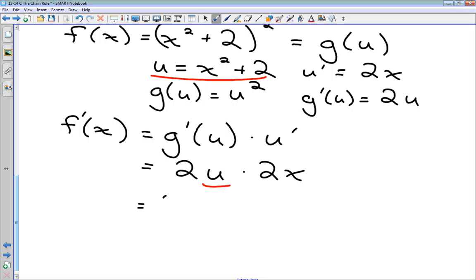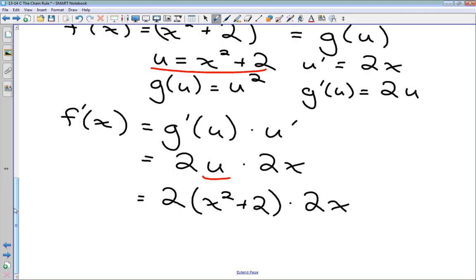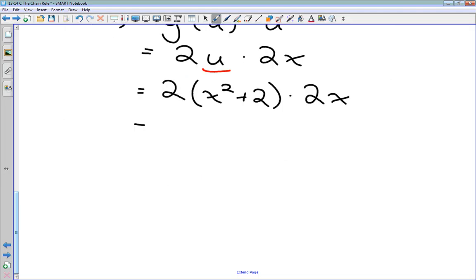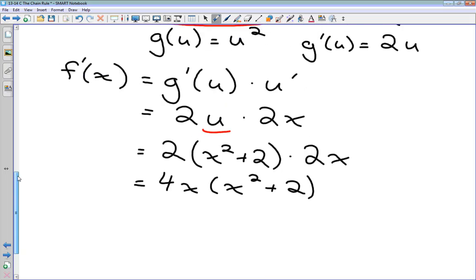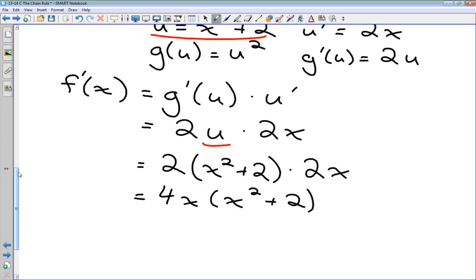So this will be 2 times x squared plus 2, all times 2x. And then if I wanted to, I could expand and simplify, but usually this is more useful to me in factored form. So I'm just going to leave it as 4x times x squared plus 2. And that would be my derivative.